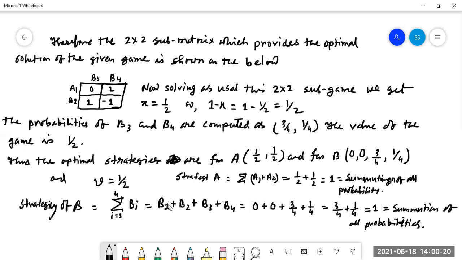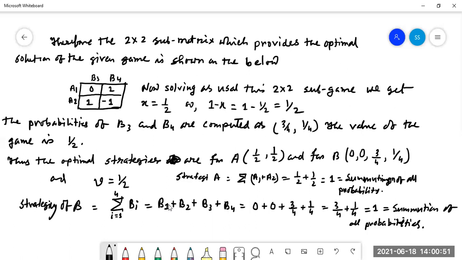So for mixed strategies, A chooses the strategies A1 and A2 with probability half and half, and B chooses the strategies B3 and B4. So the probability of B1 is 0, probability of B2 is 0, probability of B3 is 3 by 4, and probability of B4 is 1 by 4.